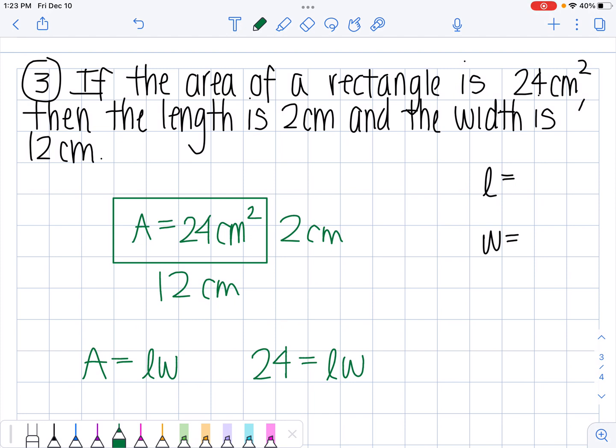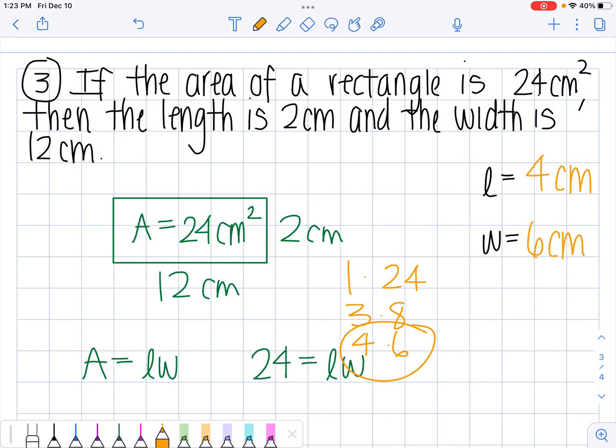Is 2 times 12 the only 2 numbers you can multiply together to get 24? No. I could say 1 times 24 is 24. We already have 2 times 12, 3 times 8, or 4 times 6. I'm going to pick 4 and 6. So I'm going to say 4 centimeters and 6 centimeters. And it doesn't matter which one you pick for the length or width. You could switch them. Remember, we're just trying to find one example that proves this to be false.